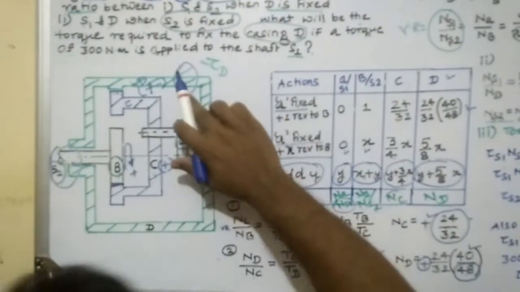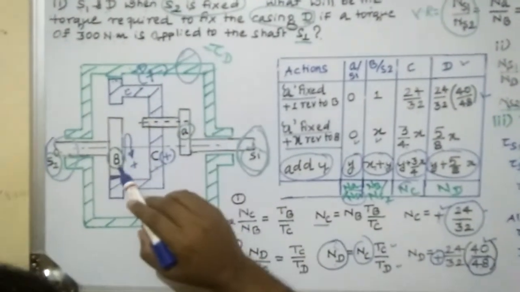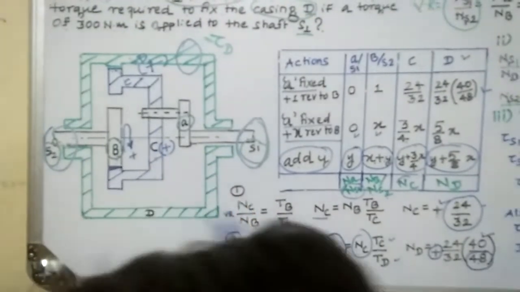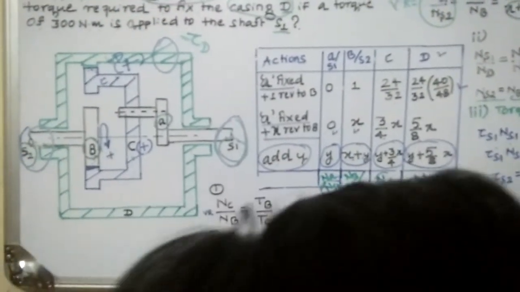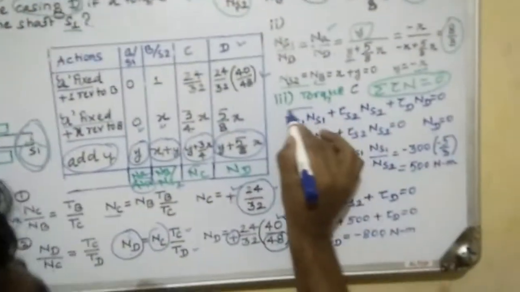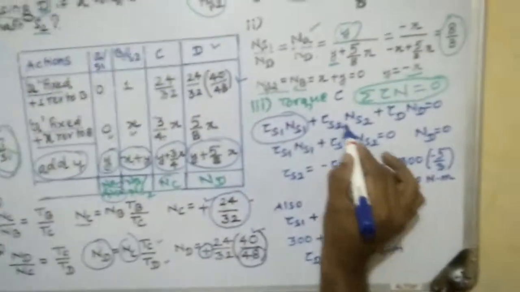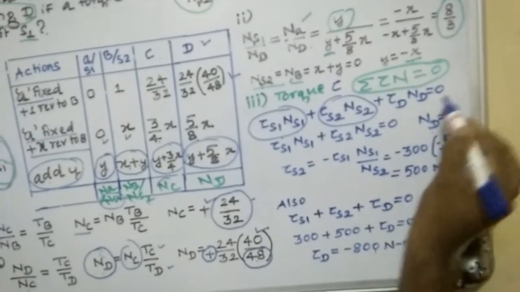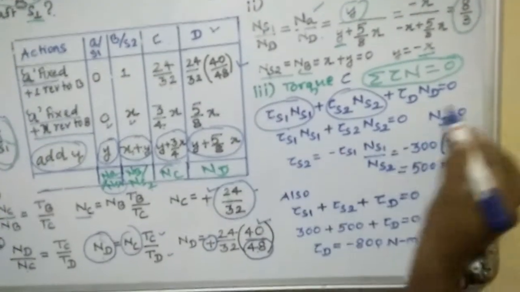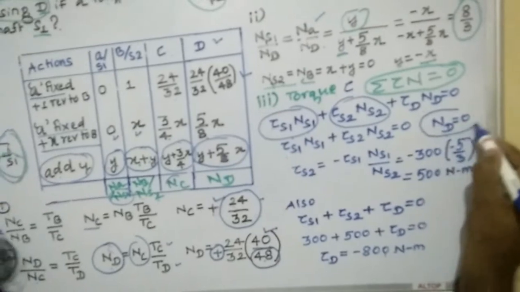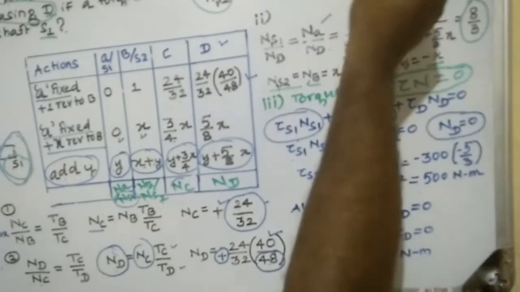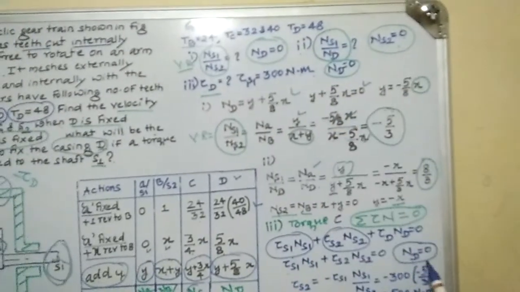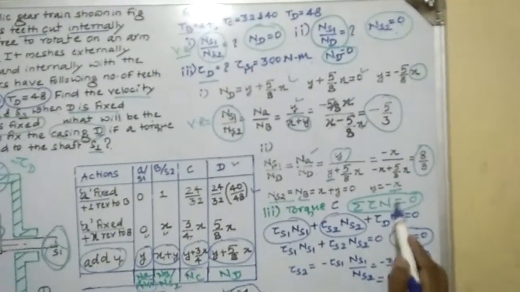That's why there are three terms, because C and R are not connected to any external thing, so they do not come into the picture. I have taken tau S1 NS1, tau S2 NS2, and tau D ND. The speed of ND is 0, because ND is given as a fixed torque. ND equal to 0 means this term is eliminated.